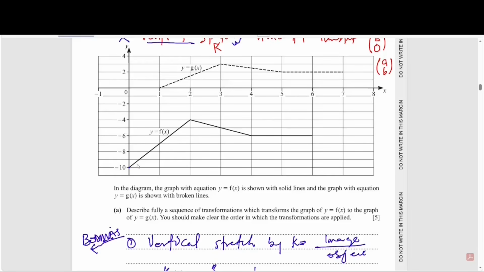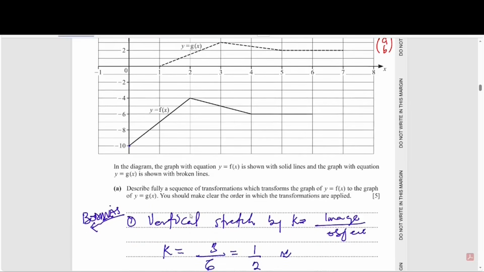Before we apply the translation, we ask ourselves what will happen to the curve after the stretch is applied. The vertical stretch is by a scale factor of half.